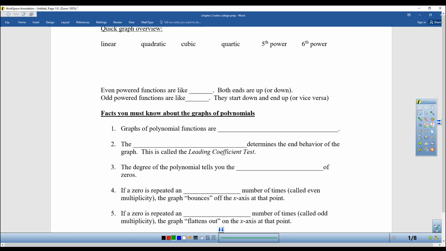So, quick graph overview. You can make for yourself a bunch of little coordinate planes to get set up here. If something is to the first power, x to the first, it's going to be linear.